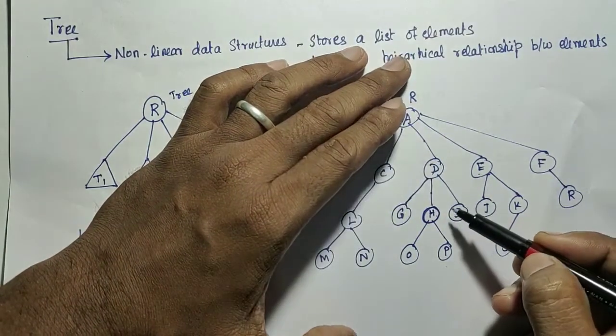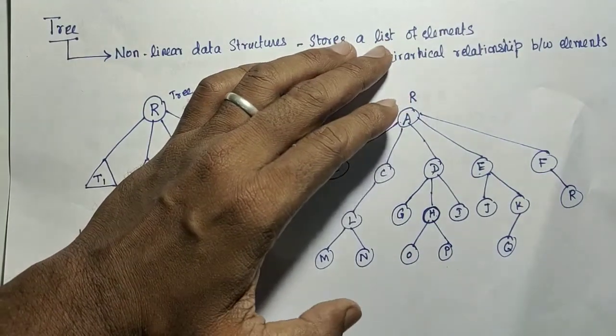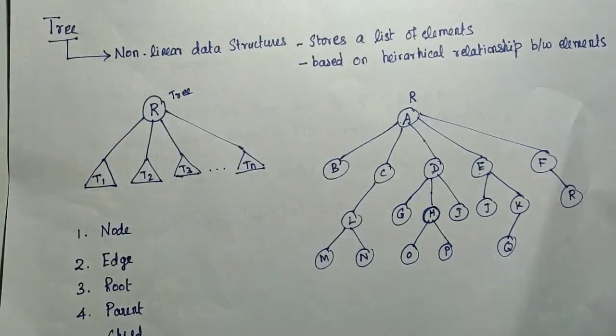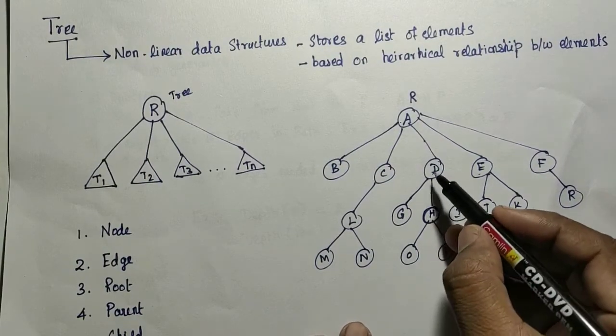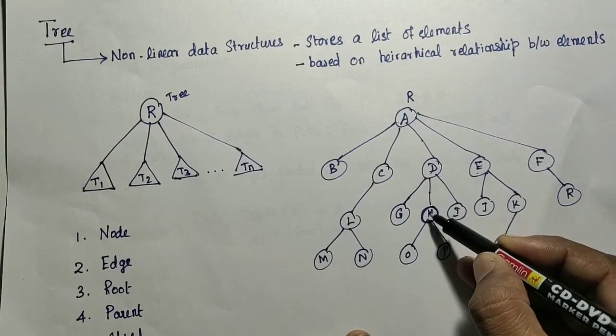Which one is the longest path? Which leaf is present very far from D? The longest path is to O and P. The path length is 2.